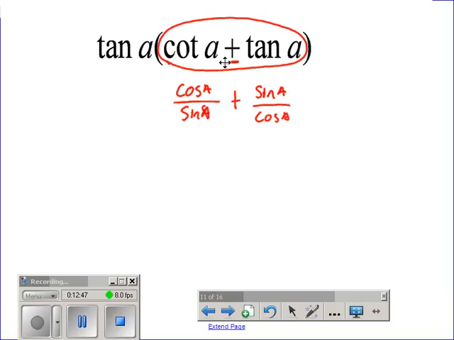So this side, to make it look like this side, needs to be multiplied by cosine A on top and bottom.